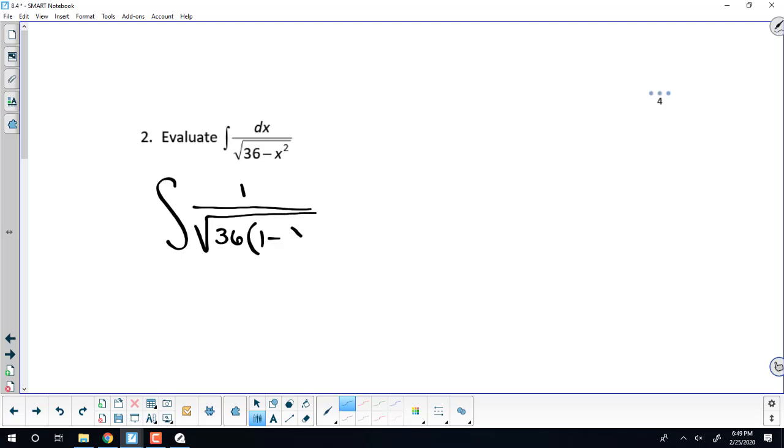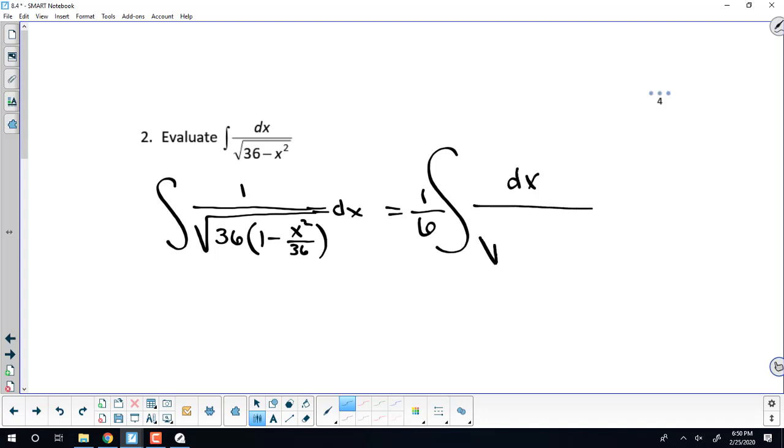So I have 1 minus x squared over 36, times 36. We're careful this time though, we're taking out the square root of 1 over 36. So you're taking out a 1 over 6, over the square root of 1 minus the quantity x over 6 squared.